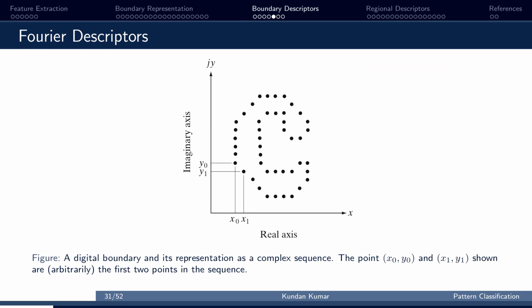Next, we will discuss the Fourier descriptor. Suppose these points are the boundary points of any shape.